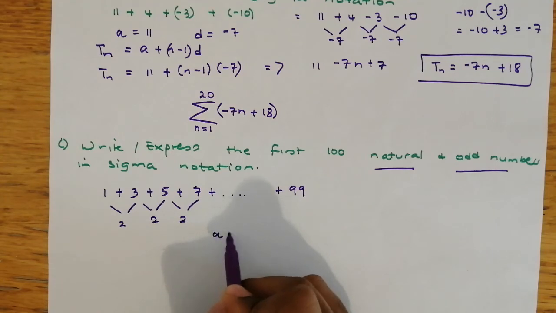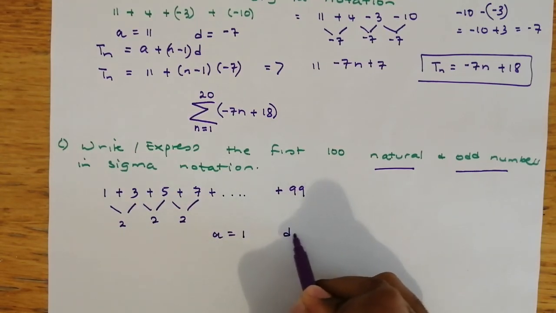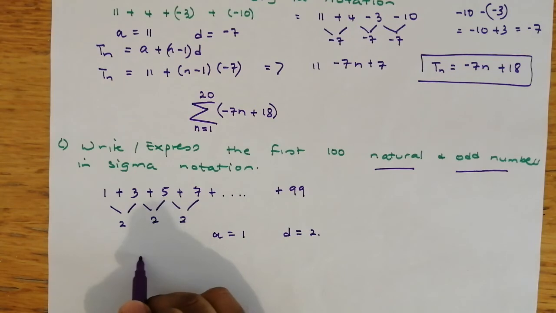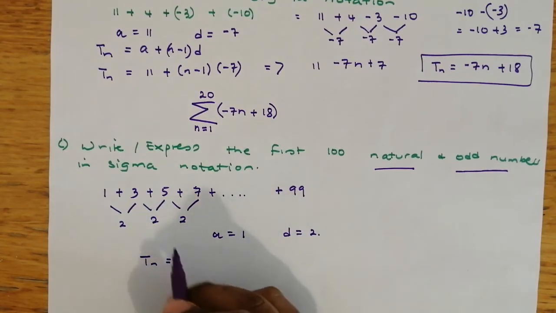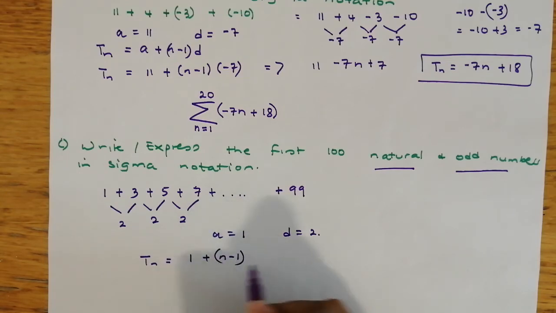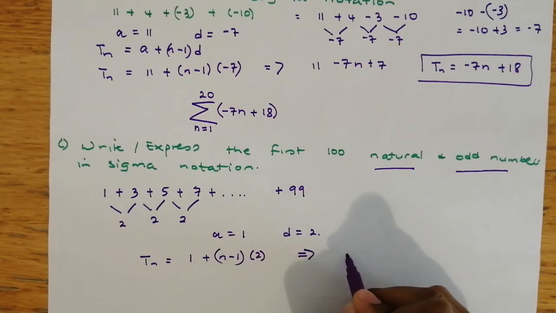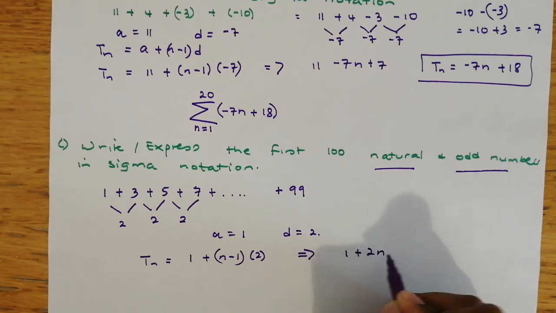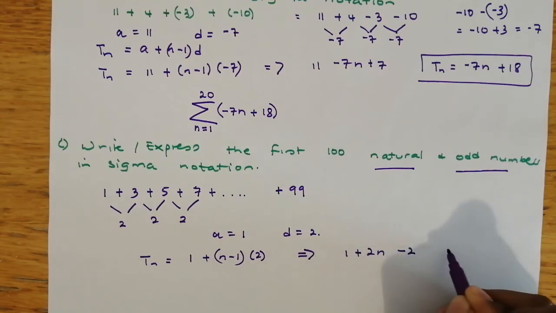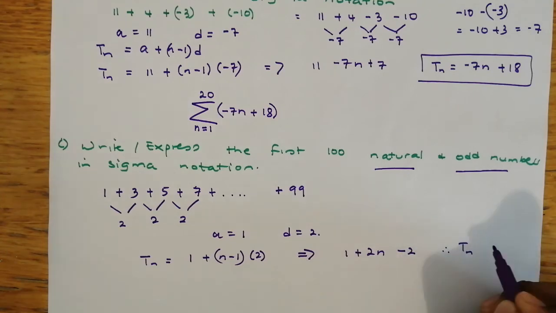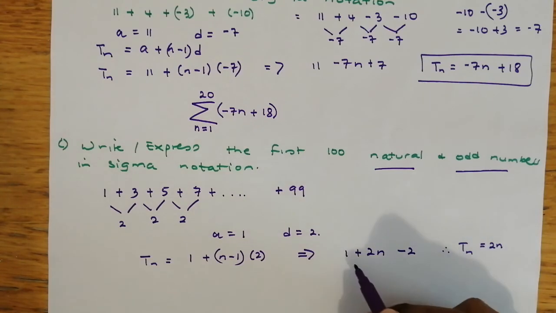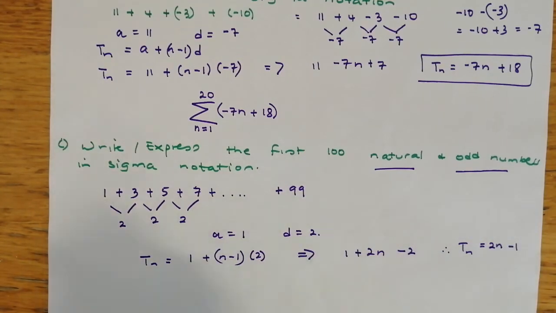So our a equals 1 and our d equals 2. Tn equals a, which is 1, plus n minus 1 multiplied by d, which is 2. So 1 plus 2n minus 2, so Tn equals 2n minus 1.